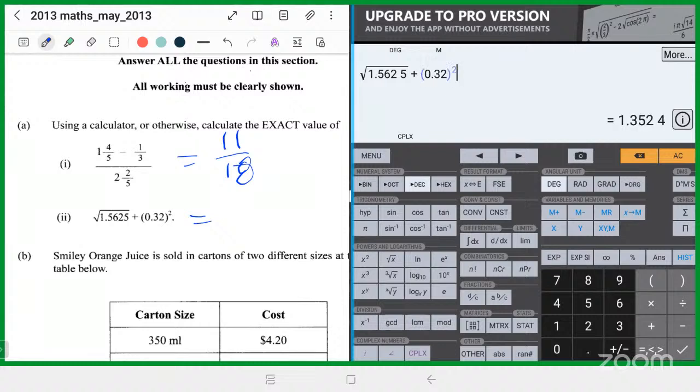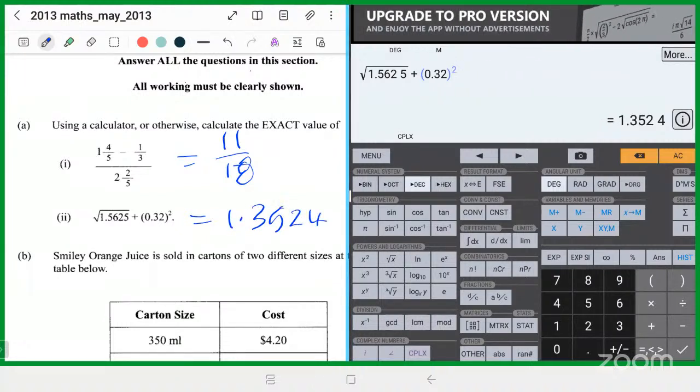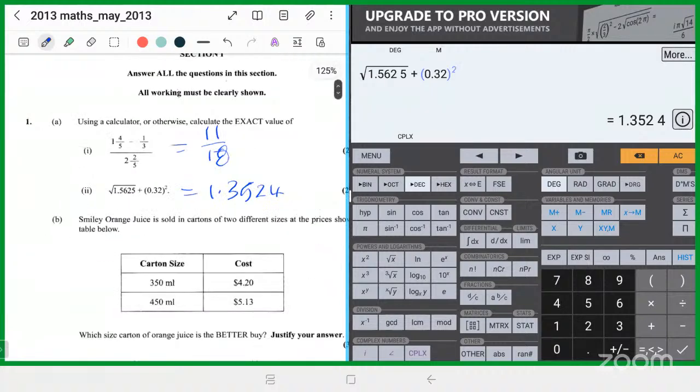That is it. And that one, the exact value is 1.3524. And that is it. Are you okay with that? 4 is the mark for that one.